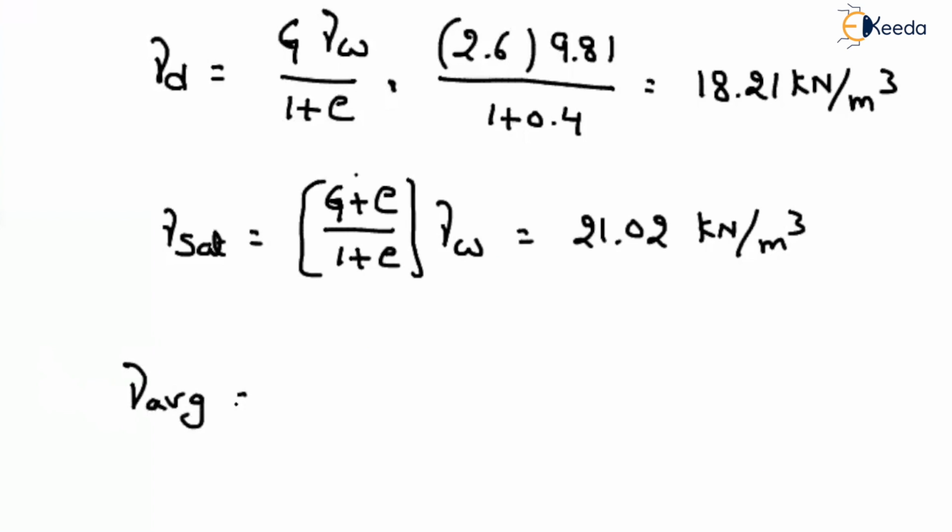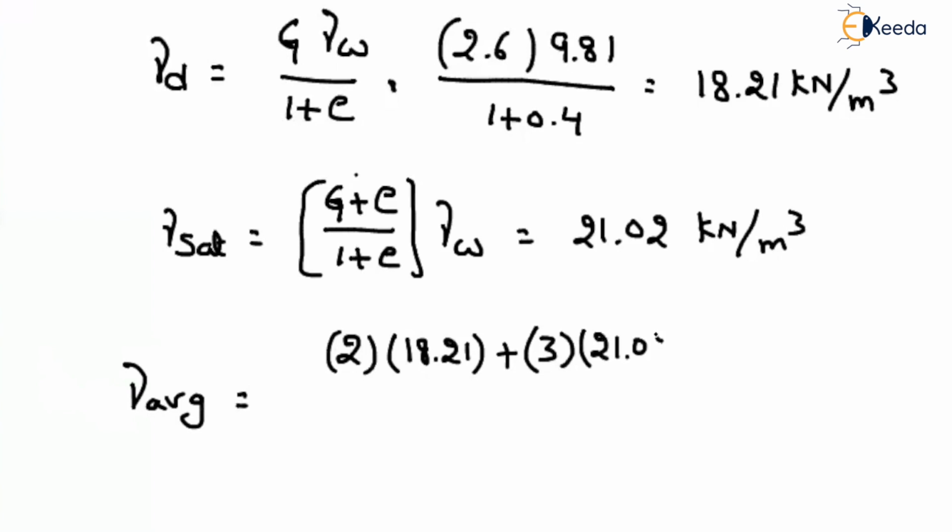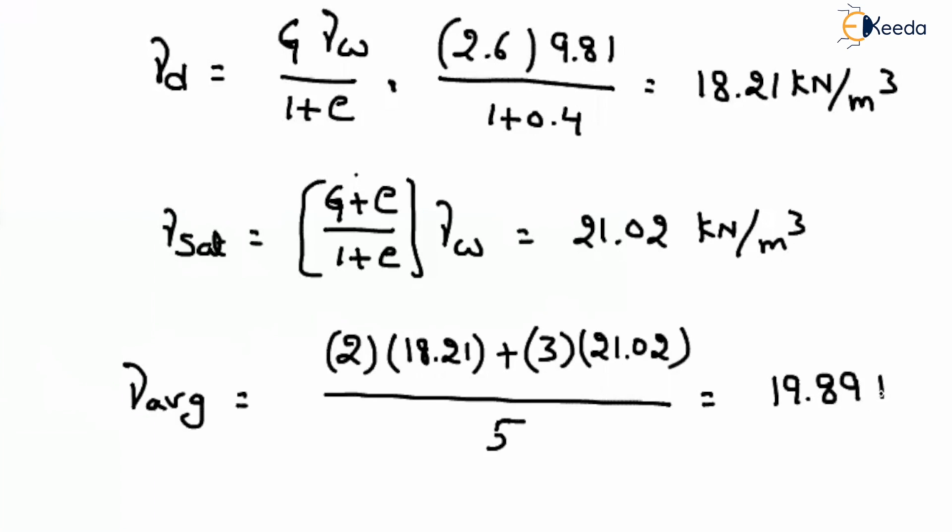The average weight density, according to the formula, is 2 into gamma D, where gamma D is 18.21, plus 3 into gamma saturation, 21.02, divided by the total depth of the soil, 5. If you do that, you will get 19.89 kilonewton per meter cube.